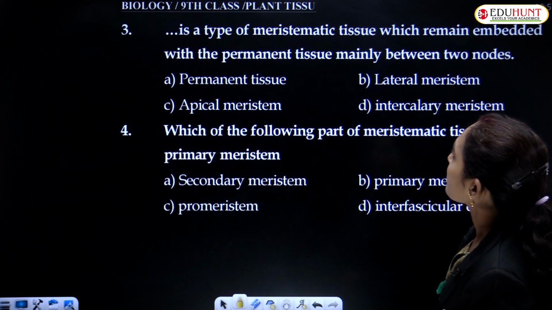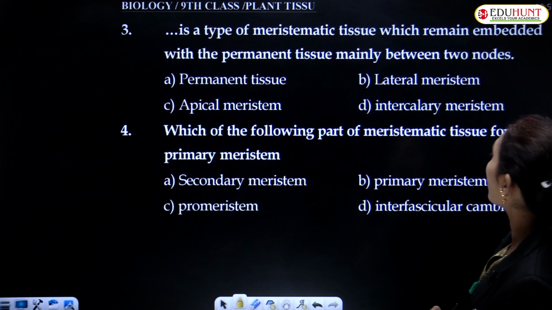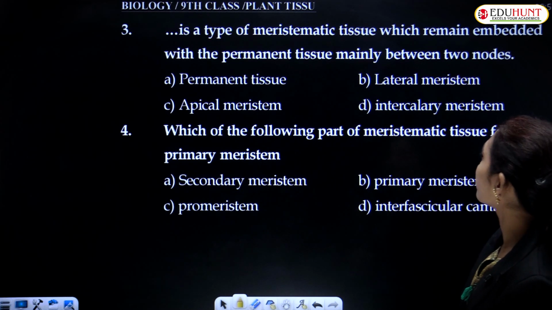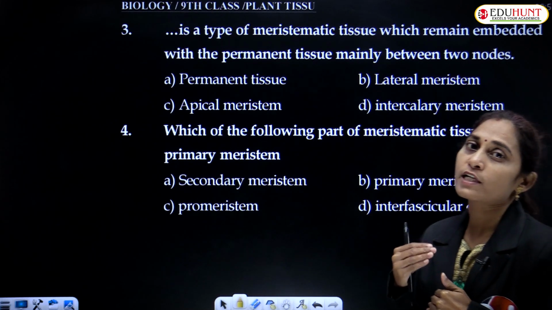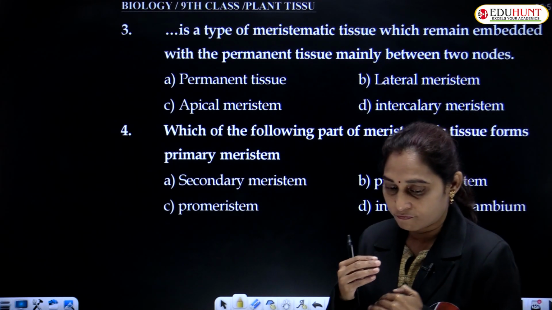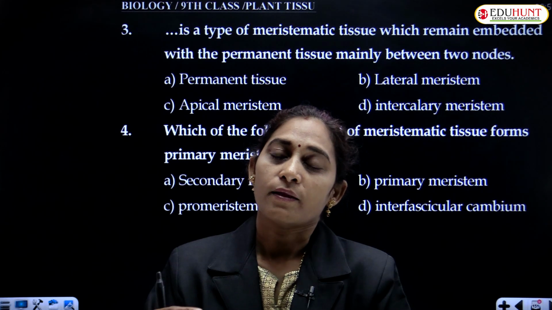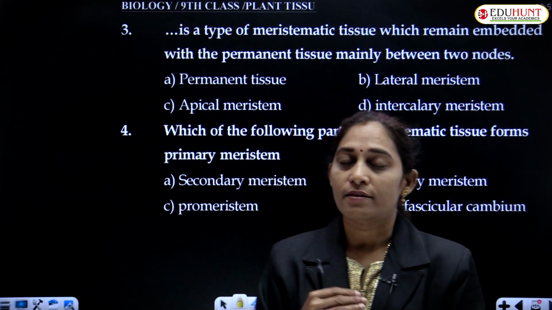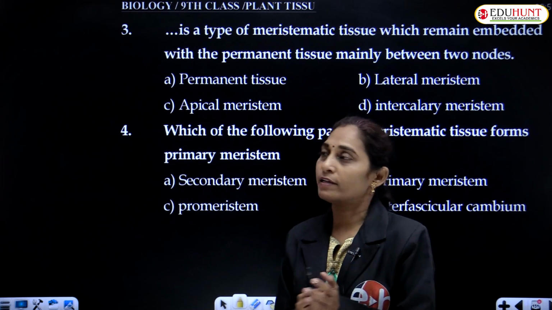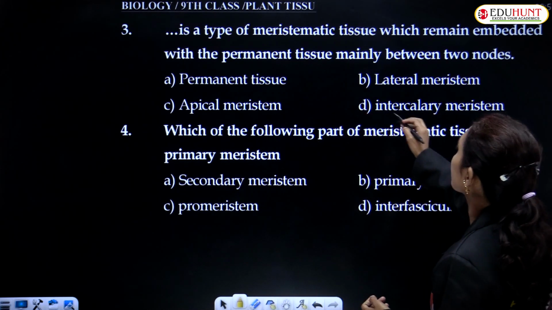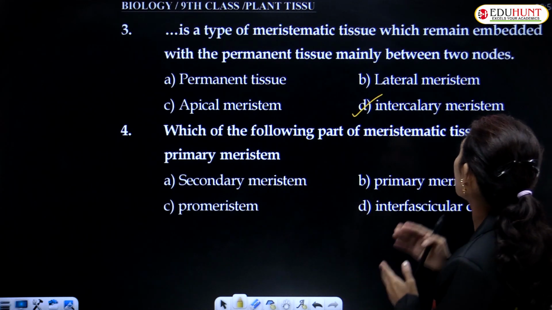What is the type of meristematic tissue which remains embedded with the permanent tissue, mainly between two nodes? Whenever we say in between two, we can answer it as inter, in between, inter. Here inter is coming in this option, intercalary meristem.